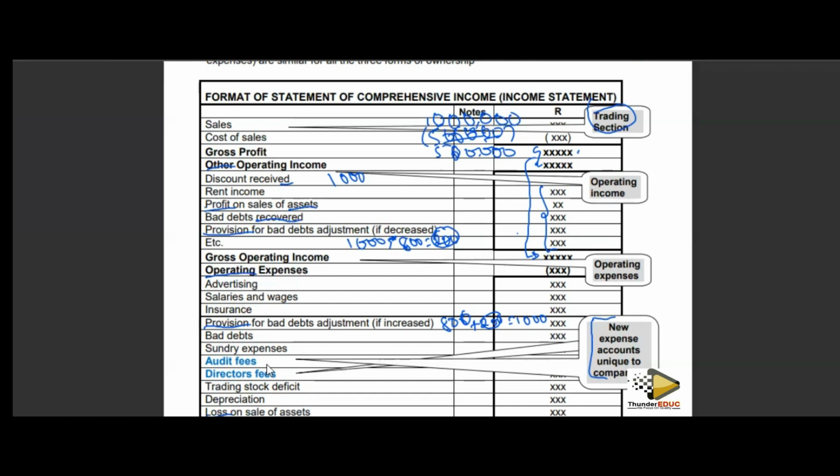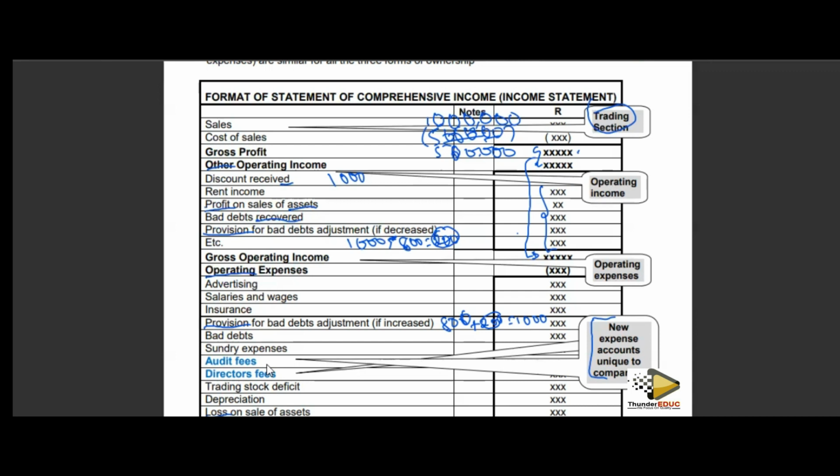It's not compulsory for them to prepare them and have them audited. But public companies, as we will see in auditing, must be audited. So the audit fees which we pay the auditor are recorded under an expense.